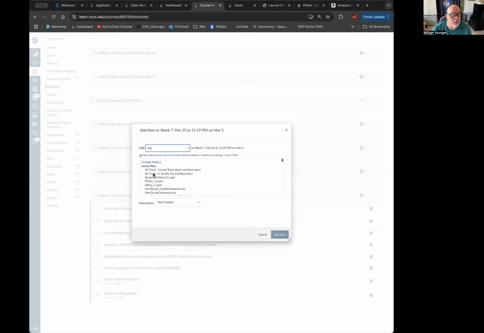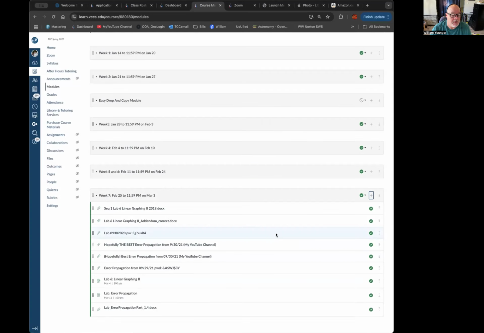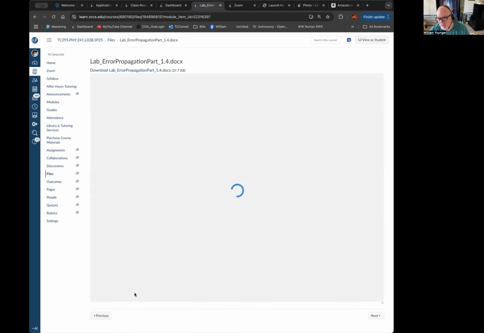So I'm going to actually take this file, which is error propagation 1.4, and I'm going to put that in there. That's the actual document that you're going to fill in with right answers and photographs and stuff like that and turn in right here. So let me read that to you real quickly. Not really read it. It's a lot of wording, but it's definitely something you should read.